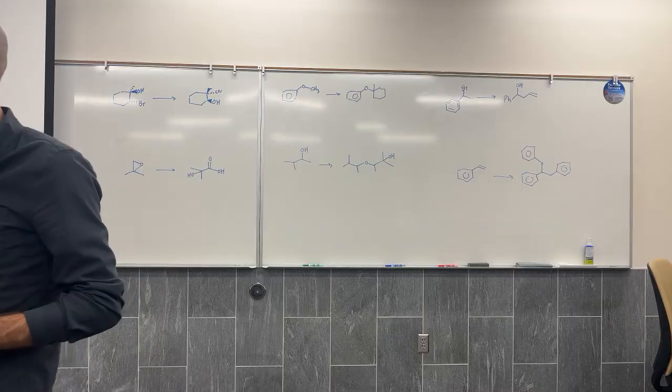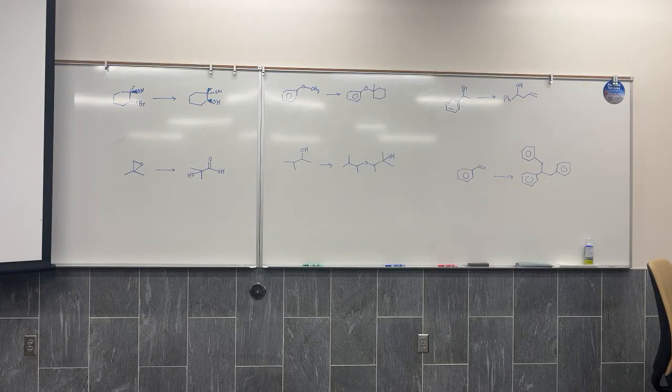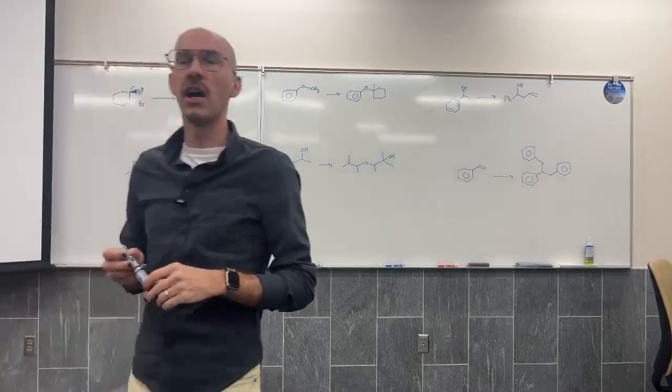To get to this final product, it would mean now your more substituted position is the carbon of the cyclohexane, and your less substituted is the secondary carbon. So you'd get a very different product, a structural isomer.